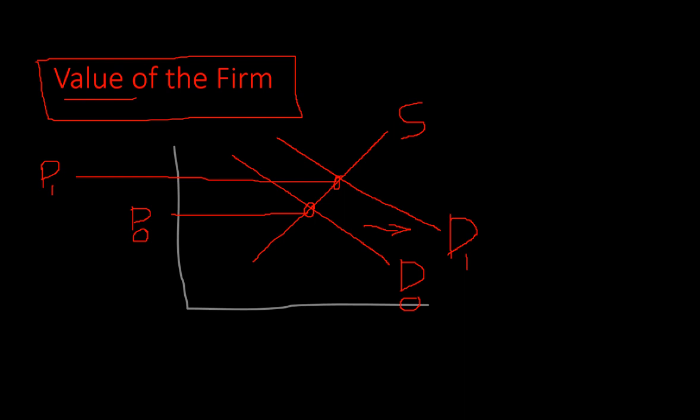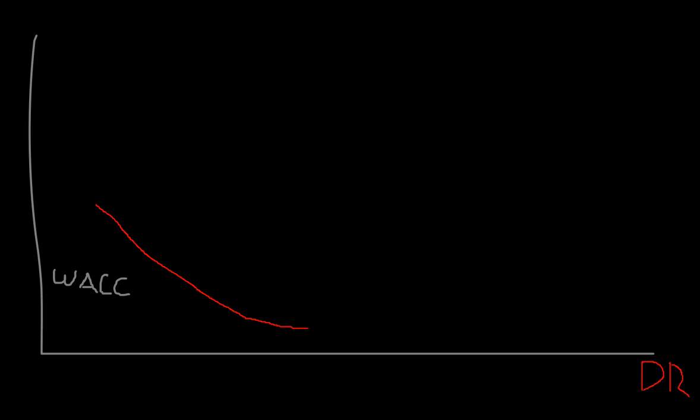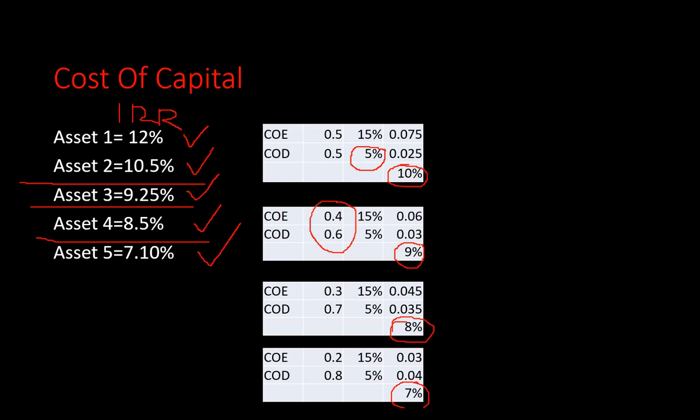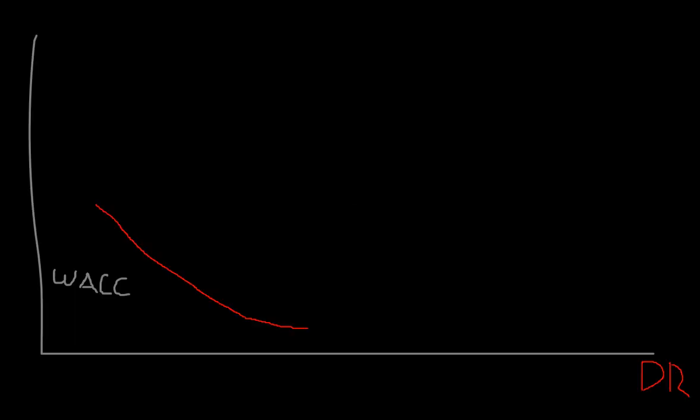Going back to our slide, if a company was able to invest in assets that are earning more than its cost of capital, definitely it will have a higher earning potential. So the value of the firm will increase. How do we draw the value of the firm? Oh no, this is the standard deviation. Let's try to erase that.